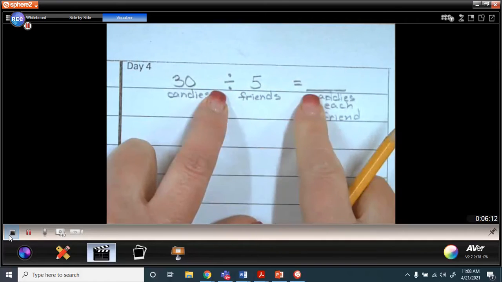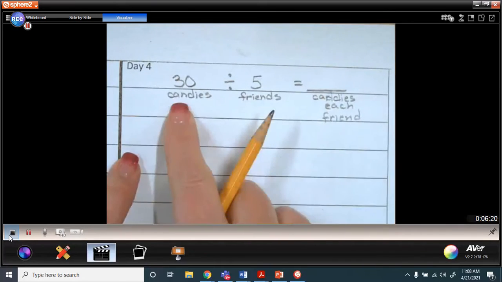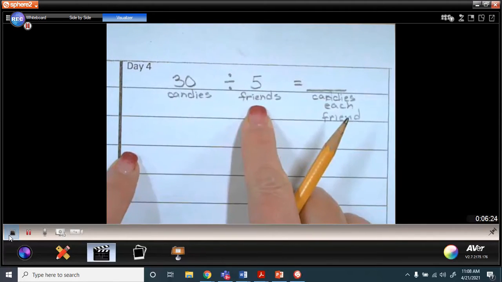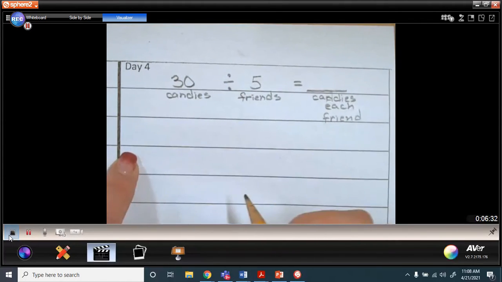That's called the quotient. What's it called? The quotient. So our dividend is the total candies. Our divisor is the groups in this case. And we're looking for the quotient, which is the number of candies each friend is going to get.